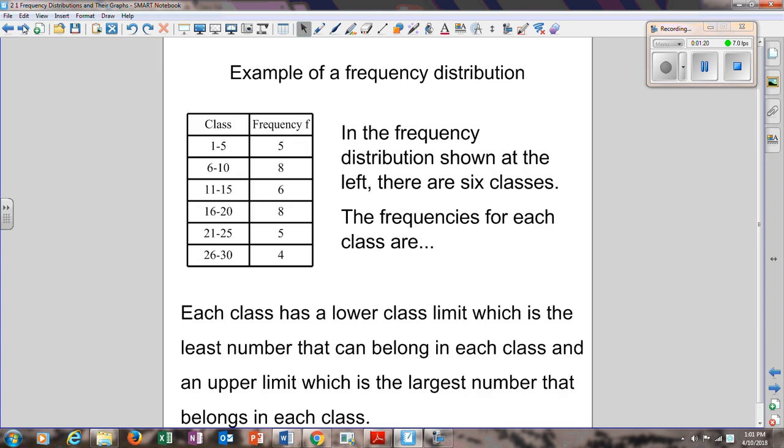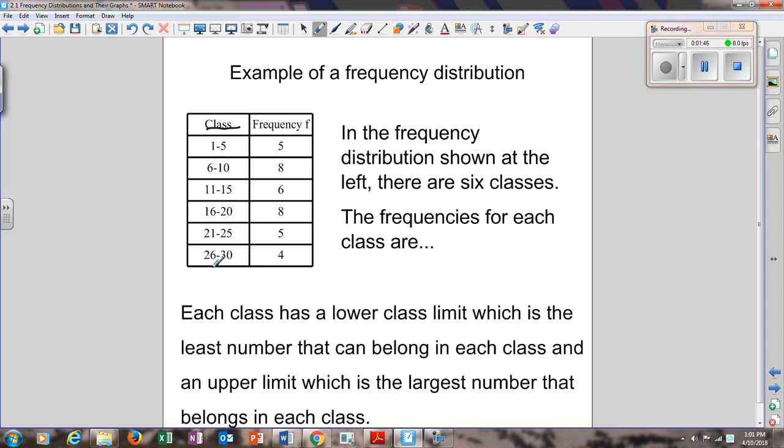Here's an example of a frequency distribution. So as you can tell, we have our class, and then we have it broken up into categories. So it's 1 through 5, 6 to 10, 11 to 15, 16 to 20, 21 to 25, and 26 to 30. You see that all of our classes are the same size.